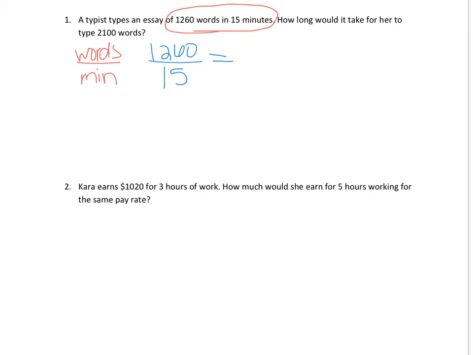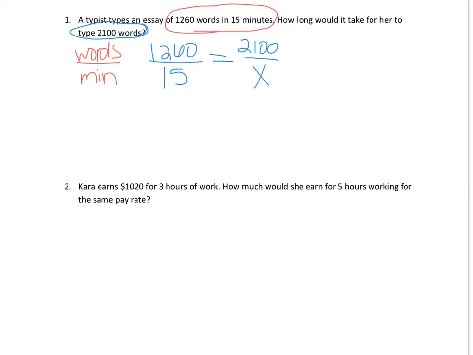So if I keep reading, it says how long would it take for her to type 2,100 words? Now remember, I'm looking for something, so I am going to have a variable here, but you have to stay consistent, right? So if this is 2,100 words on the right-hand side of my proportion, is this going to go in the numerator or the denominator? The numerator. So 2,100 words. I'm looking for how long or how many minutes would it take her, okay?